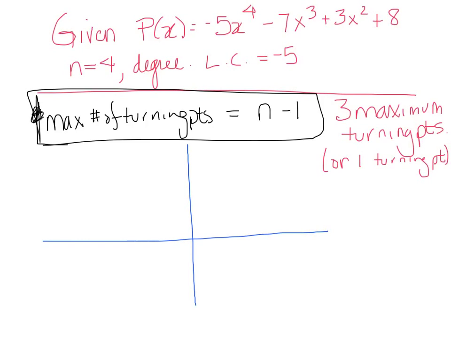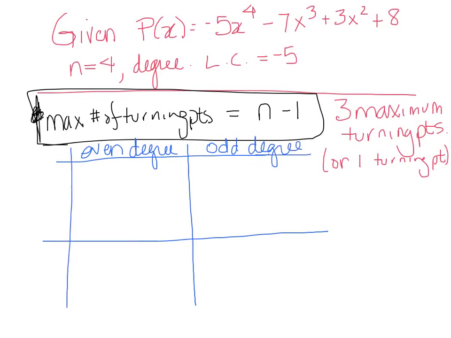There are 2 of the scenarios that have even degrees, and then the other option is to be an odd degree. Then there are 2 things that could happen with the leading coefficient. You could have a leading coefficient that is positive, or you could have a leading coefficient that is negative. Every combination of these options will give us our 4 different outcomes.